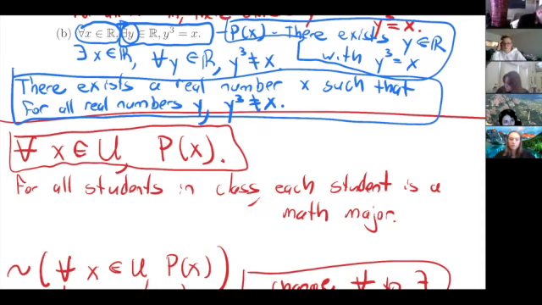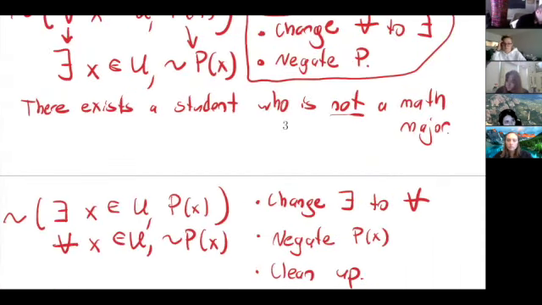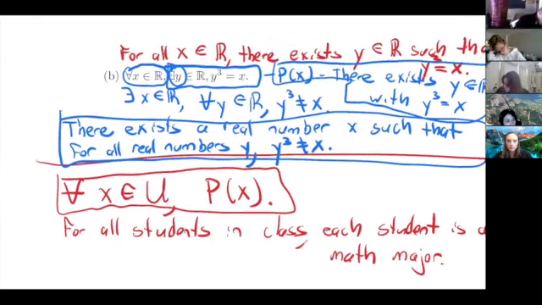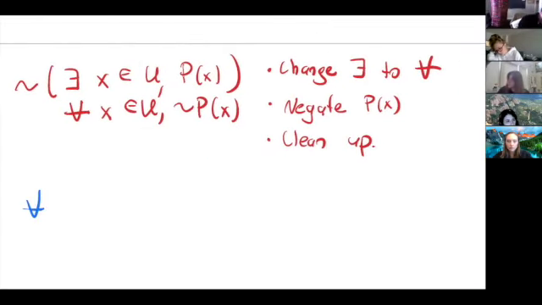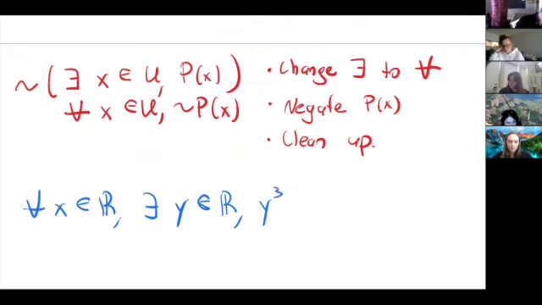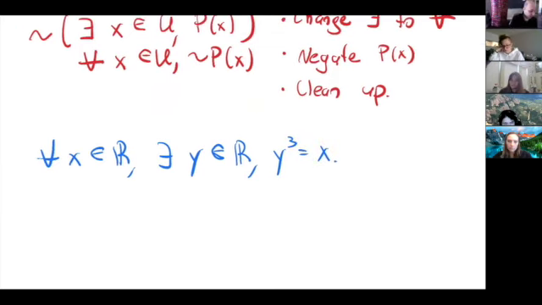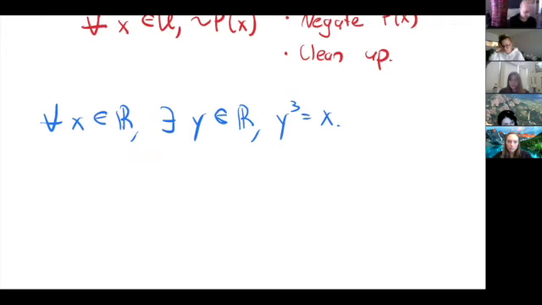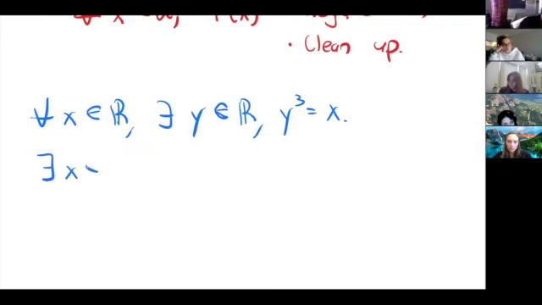Okay, so let me just summarize what we did here. So we started with, right, and the idea was we wanted to negate this. So in order to negate this, we change the for all to a there exists.